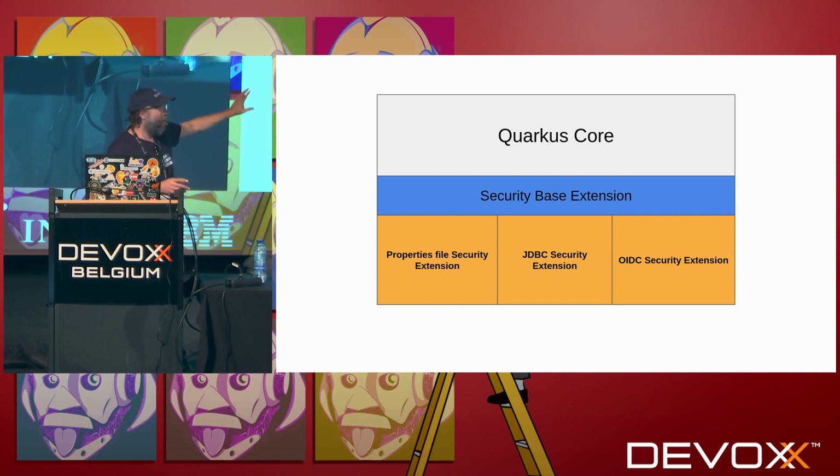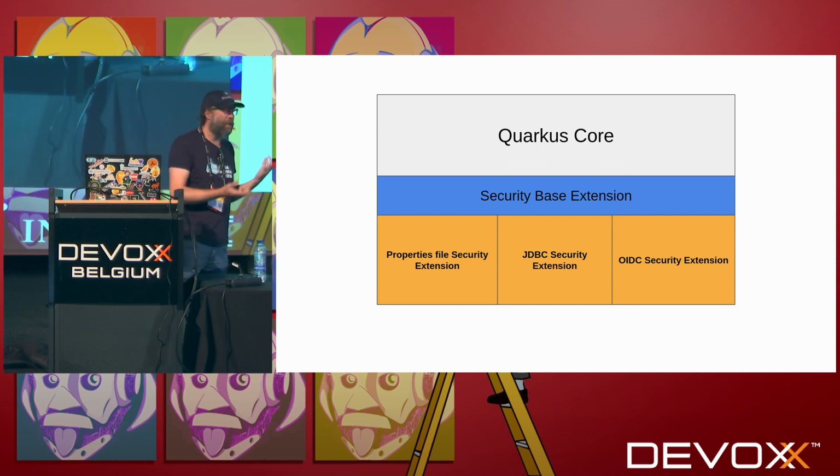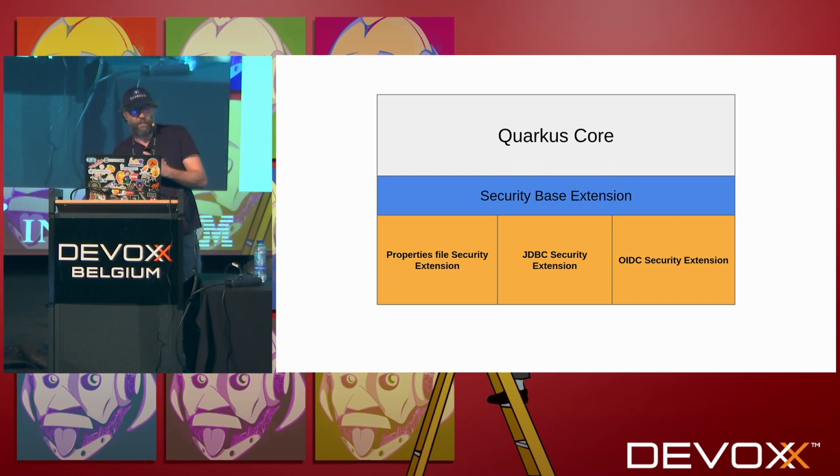Then you can level up a bit and go for the JDBC security extension, and that means that you are still managing your users, your roles, your passwords on your own, and you want to store them in your own database. That's also possible with Quarkus, with the JDBC security extension.